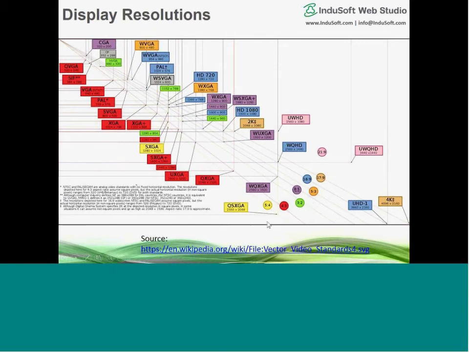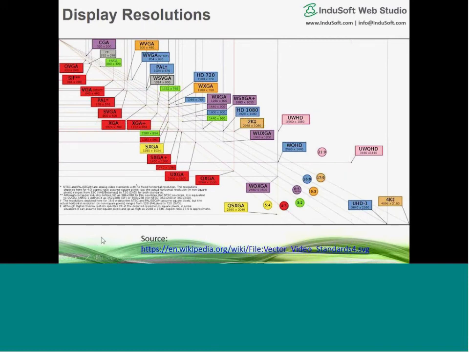I don't know about the rest of the world. I know there are some different video standards, but these are getting really pushed. Now, I do want to bring up that it's fairly easy to get InduSoft Web Studio to display on a 1920x1080, or even a 4K resolution, or even larger.